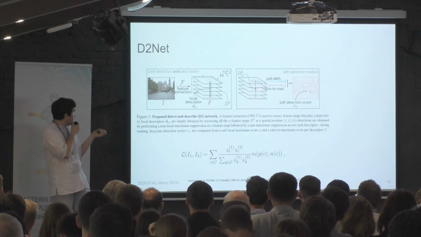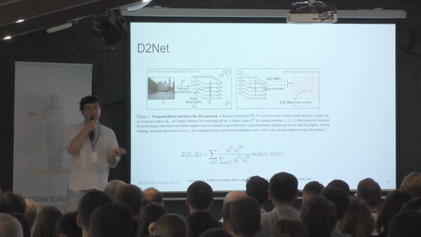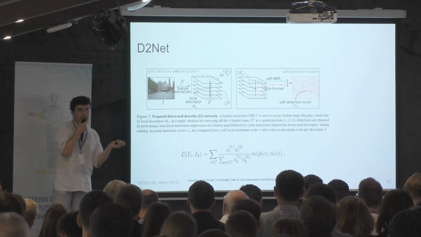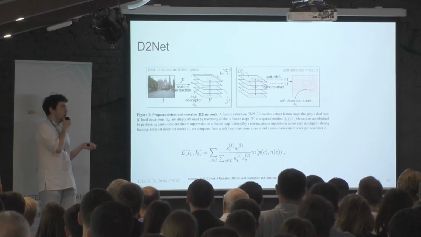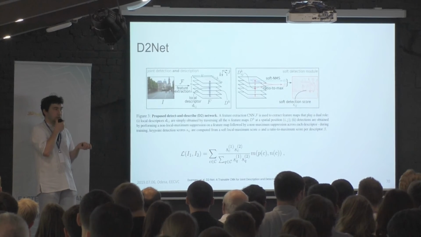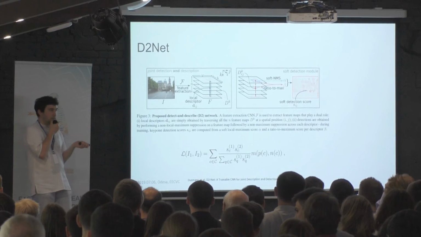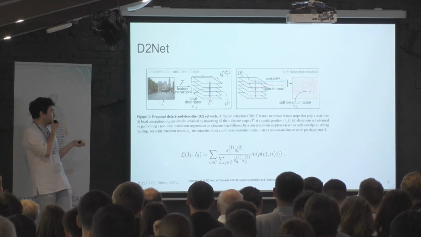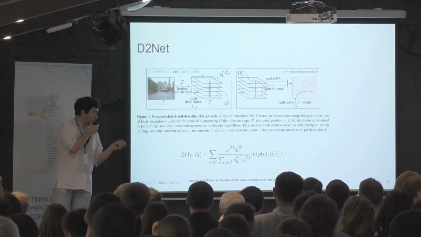And the third is a recent one, the CVPR D2Net. They actually combined all the things which you would like to see from the detector. They formulated it mathematically and then made a neural network optimize for this.